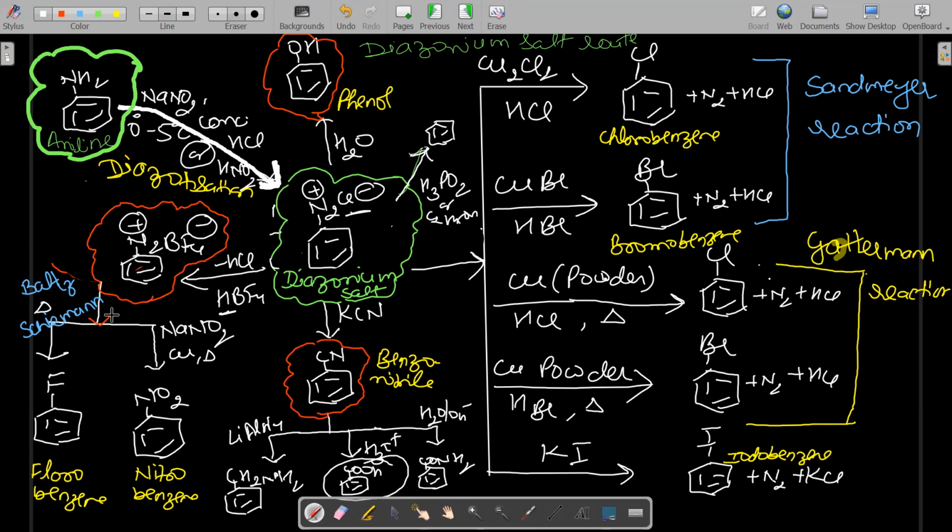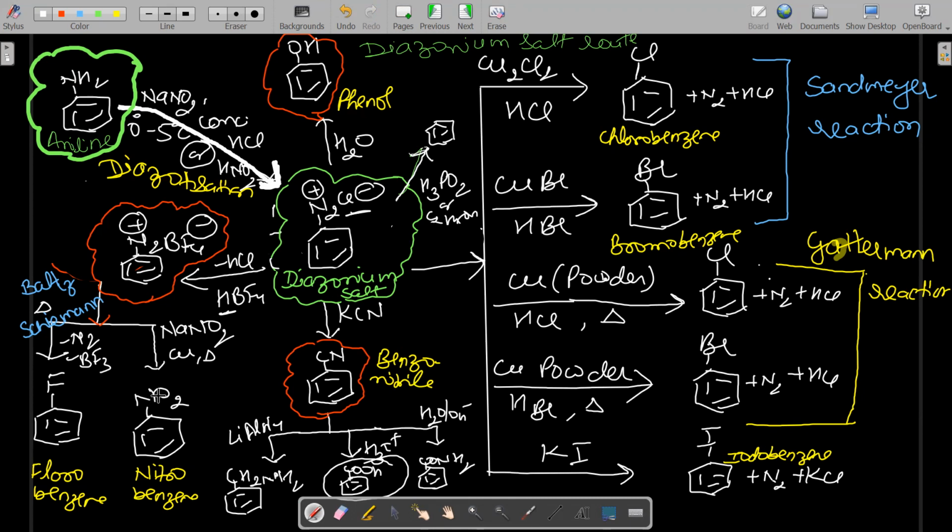And this diazonium salt again shows two types of reaction. When it is strongly heated, it forms fluorobenzene by loss of nitrogen and BF3. So here two reactions are possible. One is direct heating, we get fluorobenzene. But in this diazonium compound, if we add NaNO2 and copper, we get nitrobenzene.